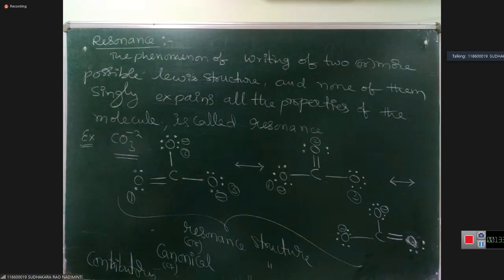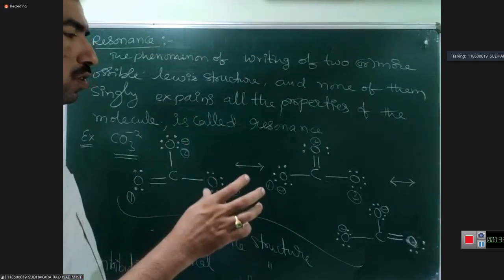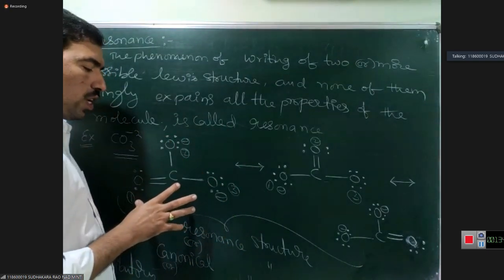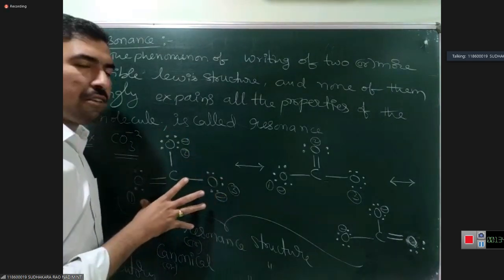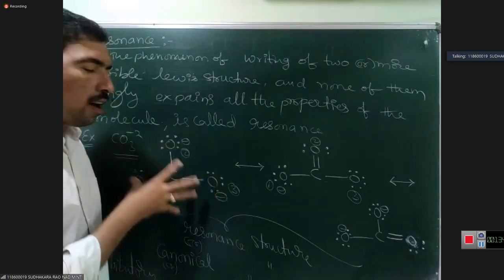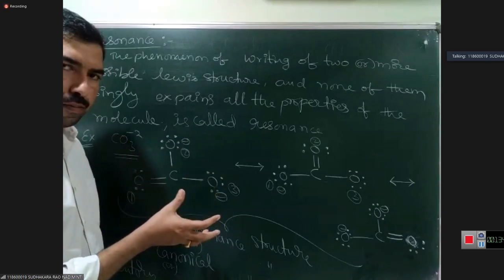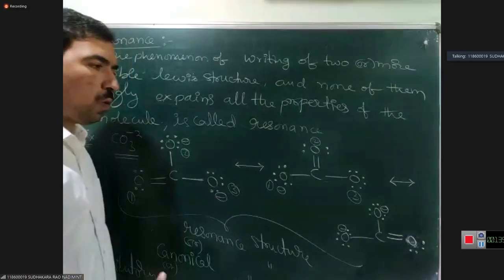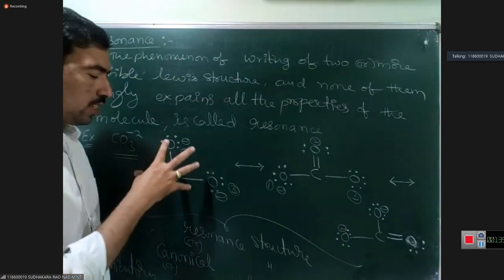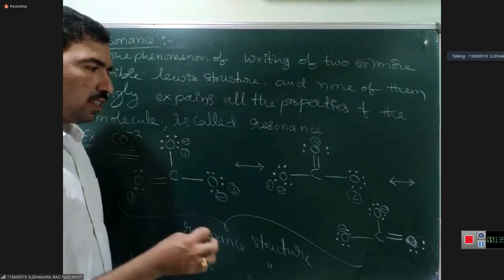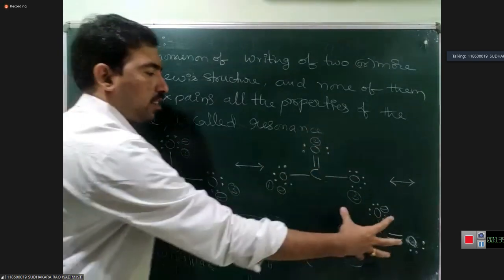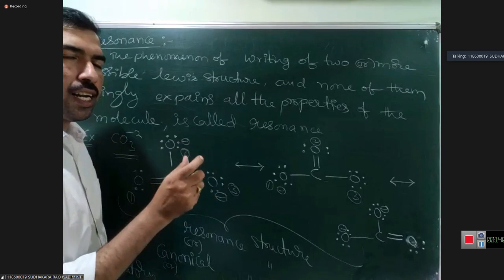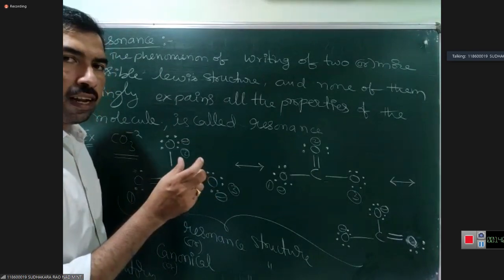So what does it mean? For the actual CO3 minus 2, whatever structures I have written, partly this structure is correct, this one also partly, that one also. If you take some characteristics of this, of that, and of that one, and mix them all together, then that is a resonance hybrid.